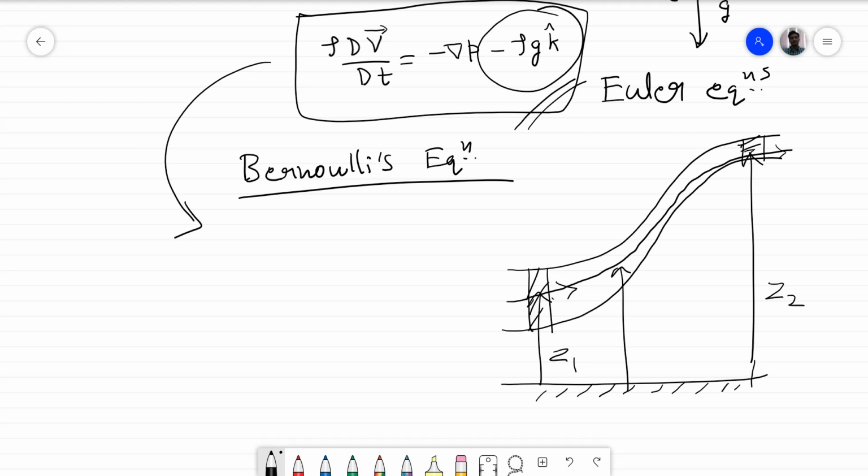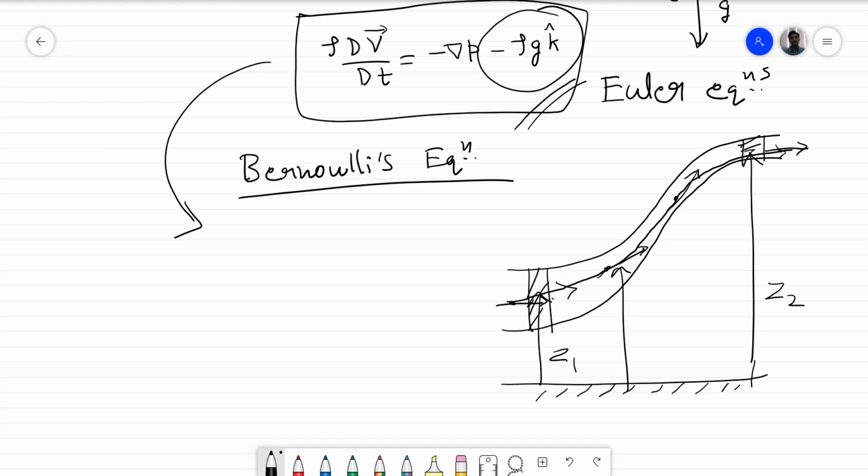and on a streamline, if you draw velocity vectors, you'll find that they are tangential to this line. Such a line is known as a streamline, on which the velocity vectors are tangential at that point of time. And the streamline can change at a later point of time if the flow is unsteady, it is not fixed.